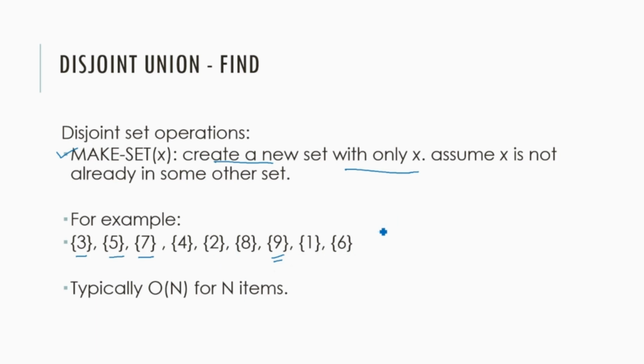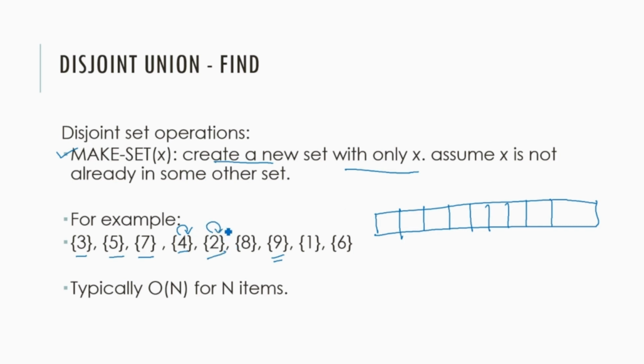We can represent the sets using an array. So there will be 9 elements in the array. Since every set consists of one element, that element will act as the representative of this set. So 4 belongs to the set 4, 2 belongs to the set 2, and so on.